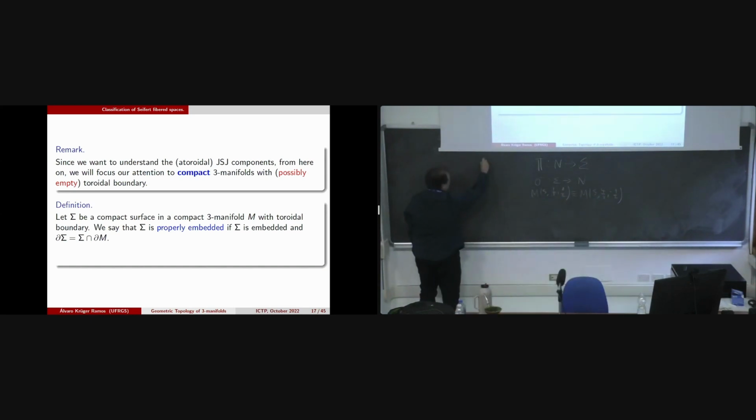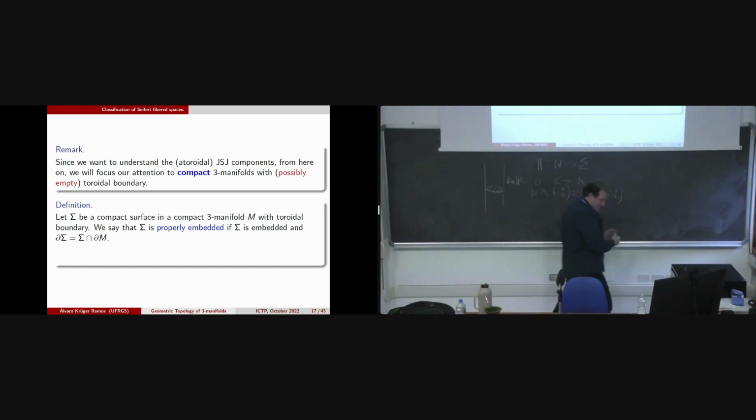For instance, let's think of the disk times R, or times S1. It doesn't matter. This disk here is compact. But if I think of this as an open disk, it will actually be proper. Then the boundary of the disk is going to be at the boundary of the manifold in some sense. You are going to infinity if the manifold is going to infinity.